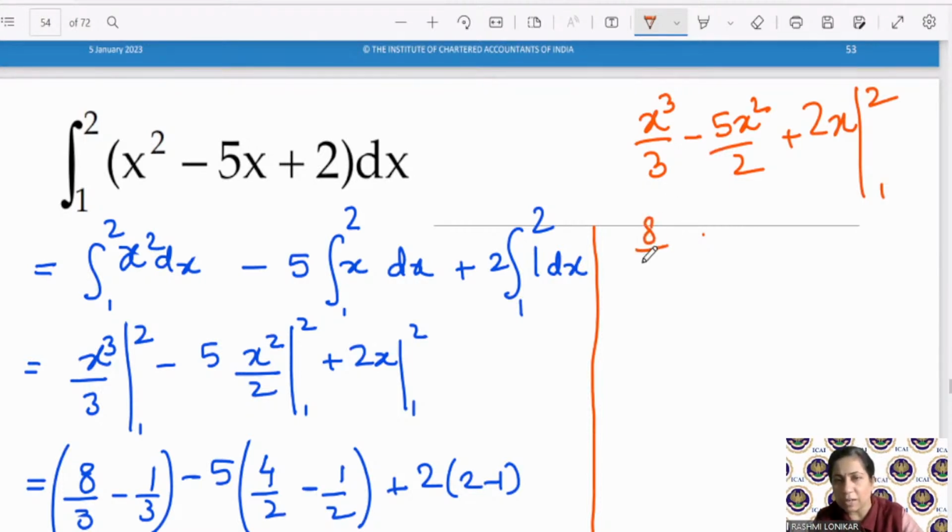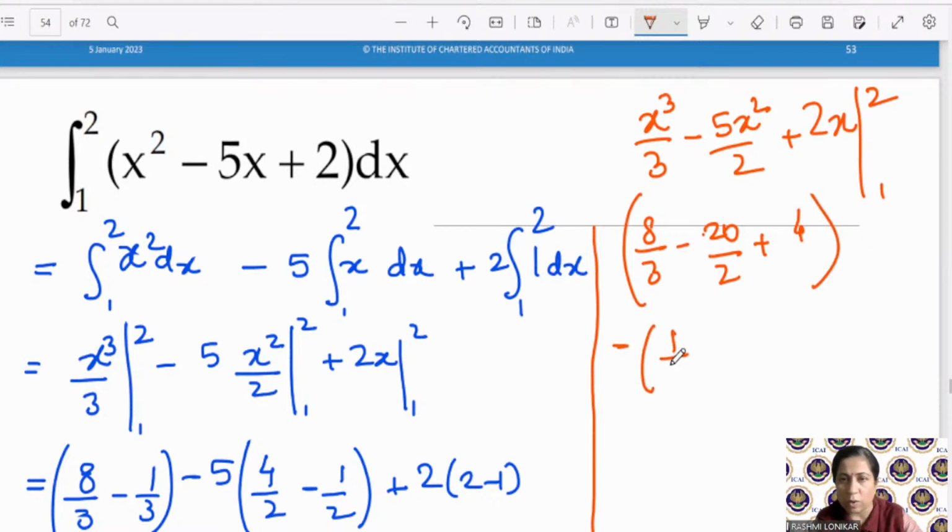Now I directly substitute. 2 cube is 8 upon 3, minus 5 times 2 square, which is 4, that is 20 upon 2, plus 2 into 2 is 4. This is the value when I put 2, minus the value when I put 1: 1 cube upon 3 is 1 upon 3, minus 5 upon 2, because 1 cube times square is 1, plus 2.